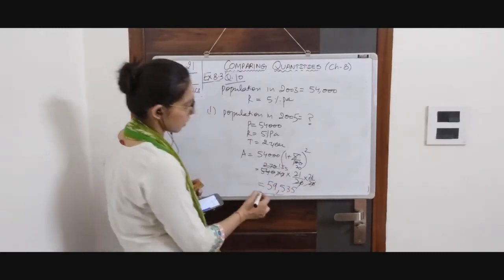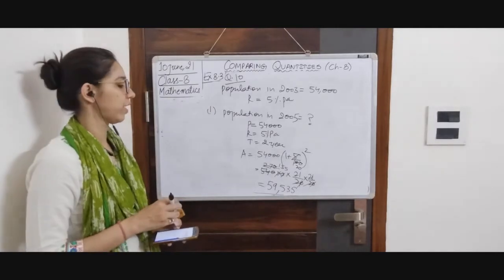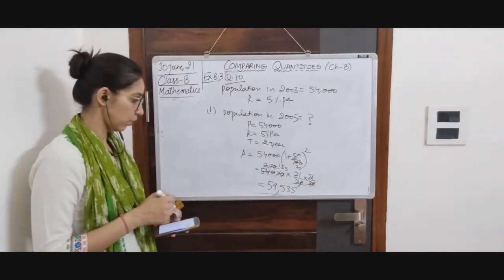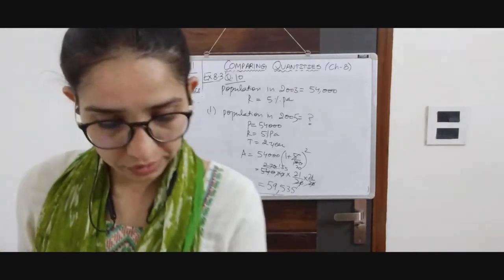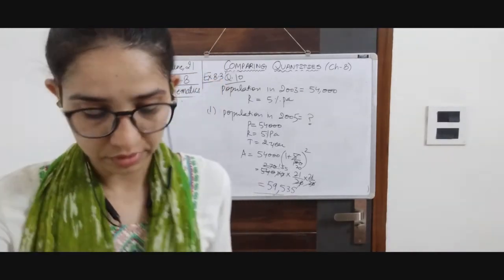It means the population after 2 years in 2005 will be 59,535. Now the next question is question number 11.